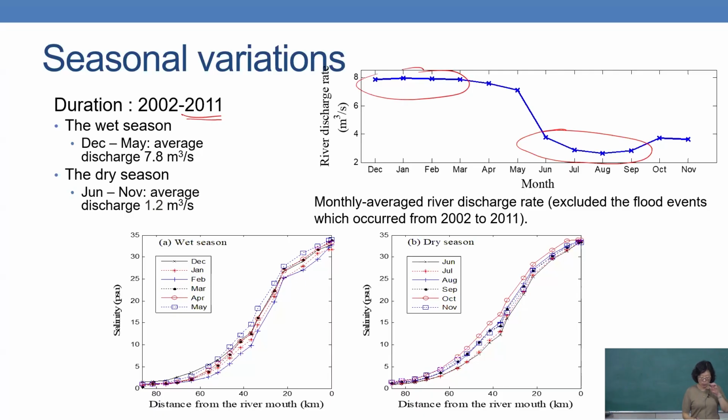And what we are able to see is the salinity, because of the saltwater intrusion here. We can see the range of variation for different months along the river. This is the distance from the river mouth, this is the river mouth, and this is the tidal limit.